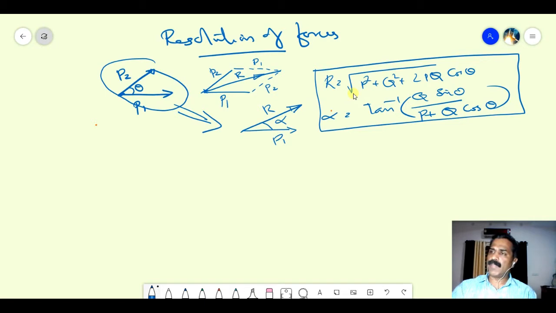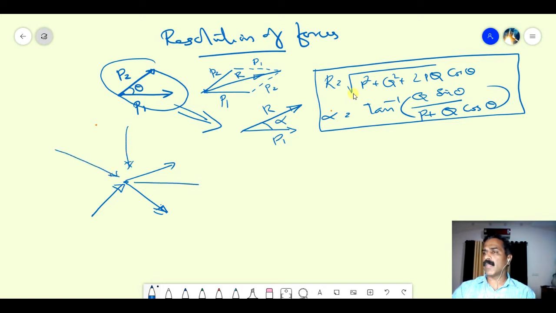So if instead of these two, a number of forces are acting like this, say F1, F2, F3, F4, F5, F6, F7, etc., how can we find out the resultant of all these 7 forces?